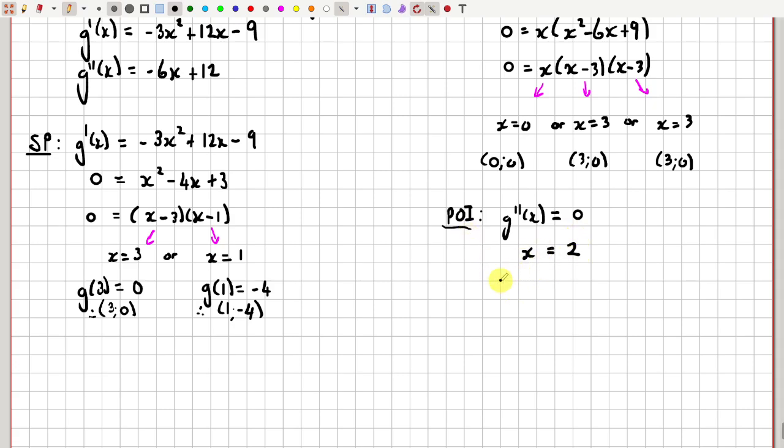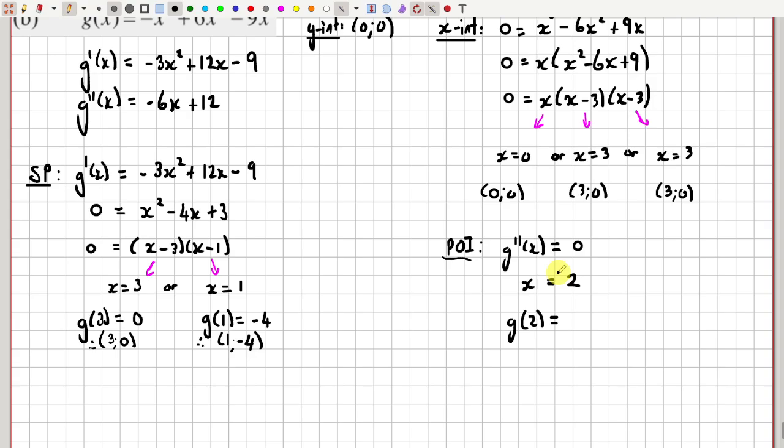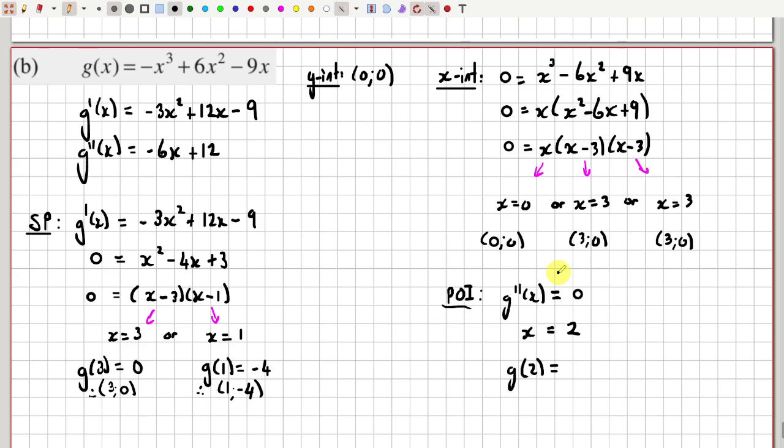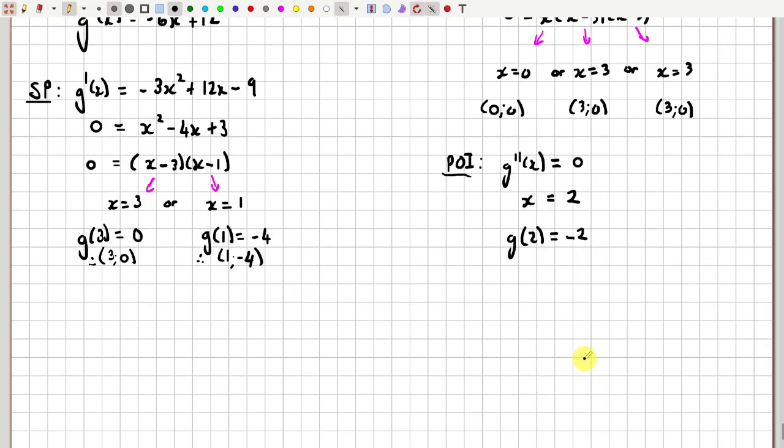We're drawing the original equation, so we sub x equal to 2 back into the original equation, and then we get minus 8 plus with 24 minus 18, which is negative 2. So this point over here should be 2 and minus 2.